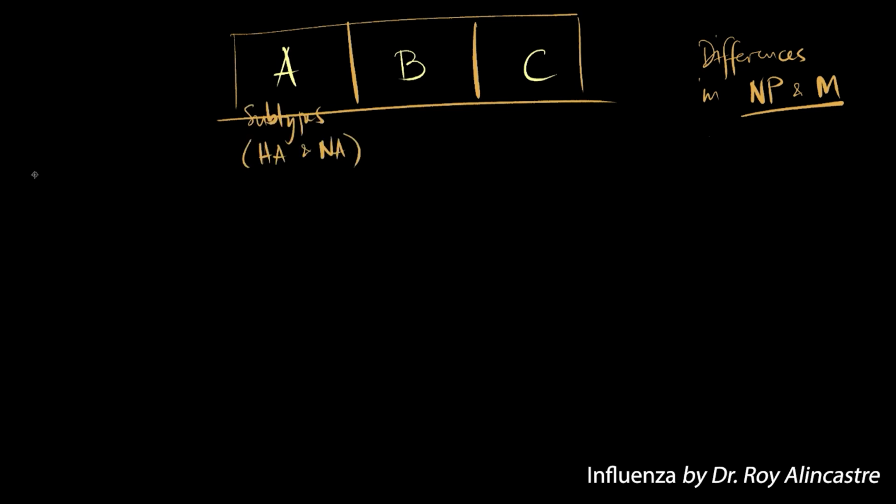Now, the standard nomenclature system for influenza viruses starts with the type, again based on the nuclear material, particularly the NP and the M proteins, so whether it is type A or B or C.